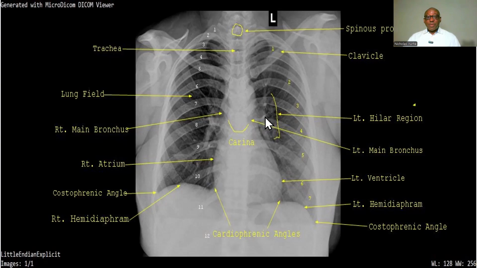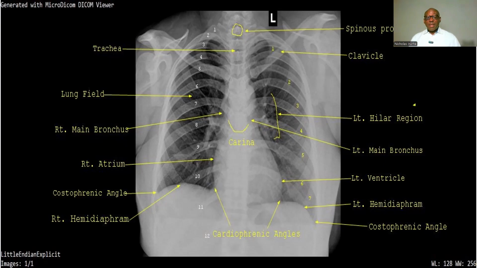And these pulmonary vessels, the upper and lower lobe pulmonary vessels, actually form the hilar angle or the hilar point. And if there is any obliteration of the hilum or the hilar angle, that may suggest further investigation.